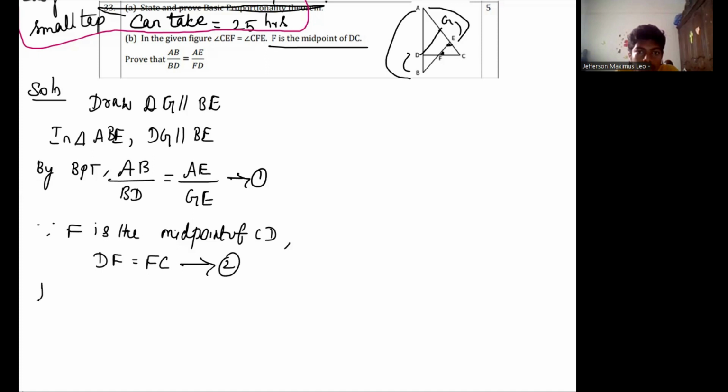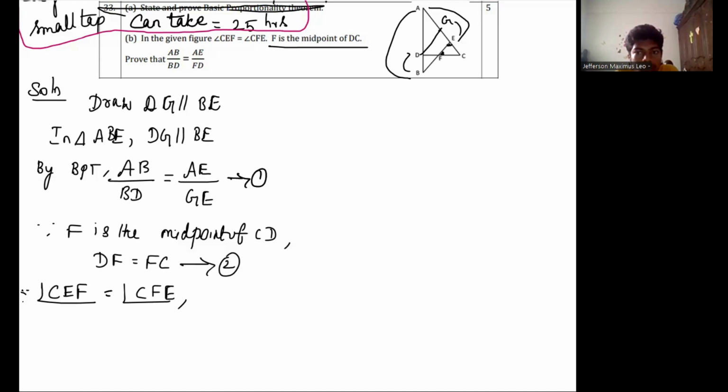And now also given angle CEF is equal to angle CFE. So because of this, the triangle is an isosceles triangle.